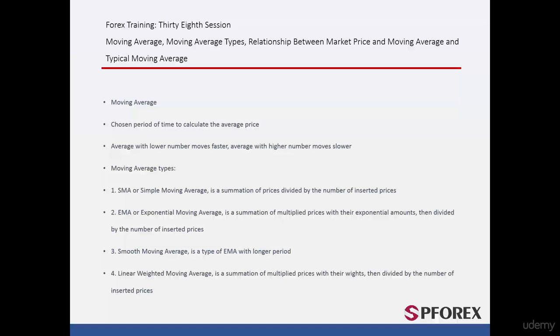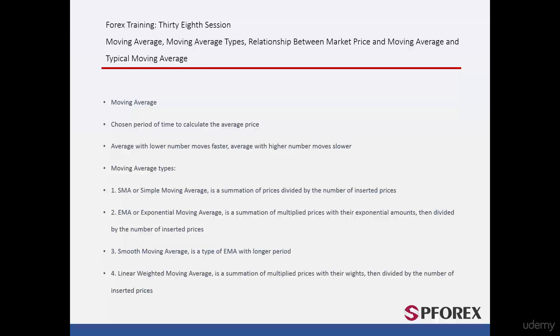SMMA, or smooth moving average, is like EMA, but with a longer period of time. Due to a longer period, SMMA has more gentle movement than the EMA. LWMA, or linear weighted moving average, can be calculated through the summation of prices, each multiplied by its certain weight, then divided by the number of prices inserted.